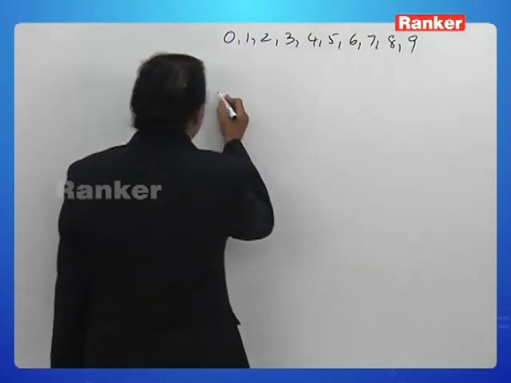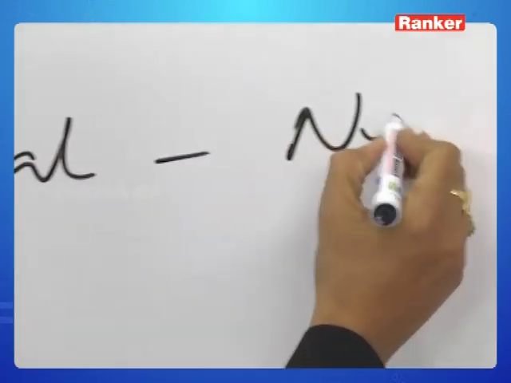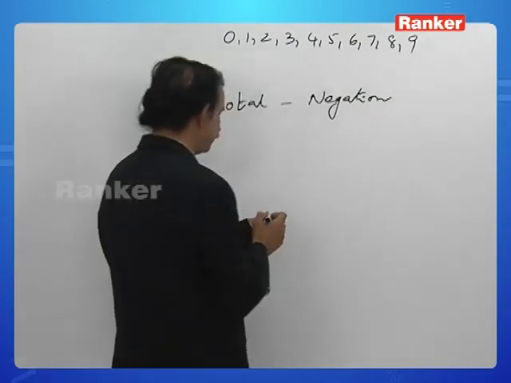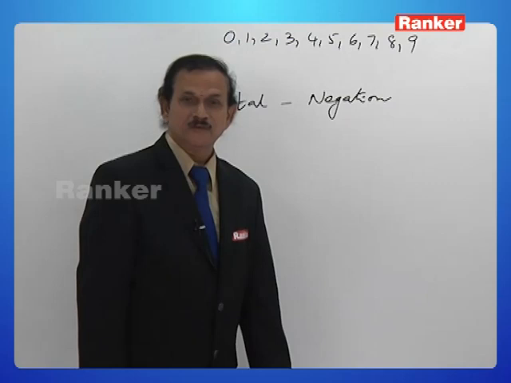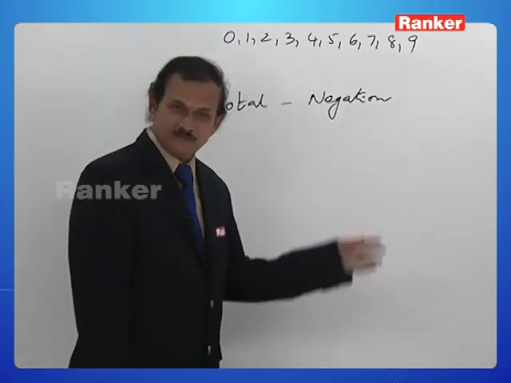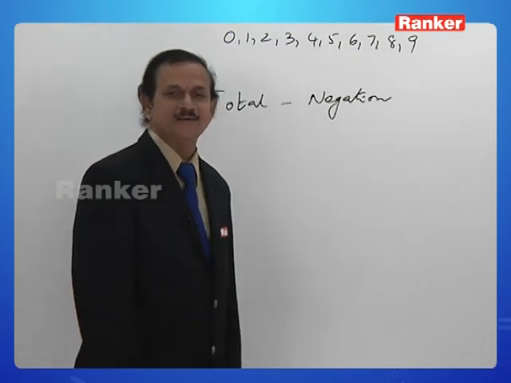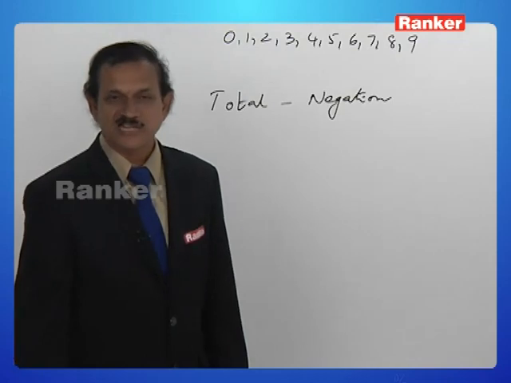That is the old idea, very good idea. That is total minus negation. Is it a formula? Is it a principle? No, it is an idea, just an idea. With this idea, we will be able to frame the answer very easily.